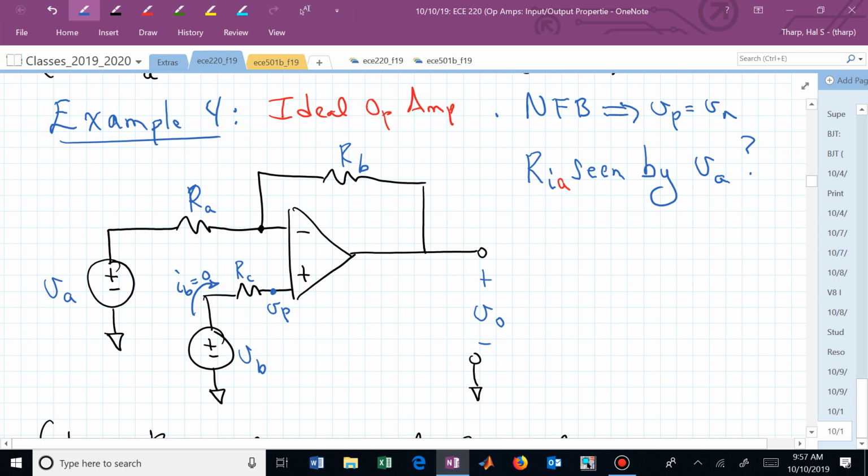So I sub B equaling 0 allows us to say that V sub P is equal to V sub B, and because of the negative feedback, that's equal to V sub N, which is right there. That's V sub N.